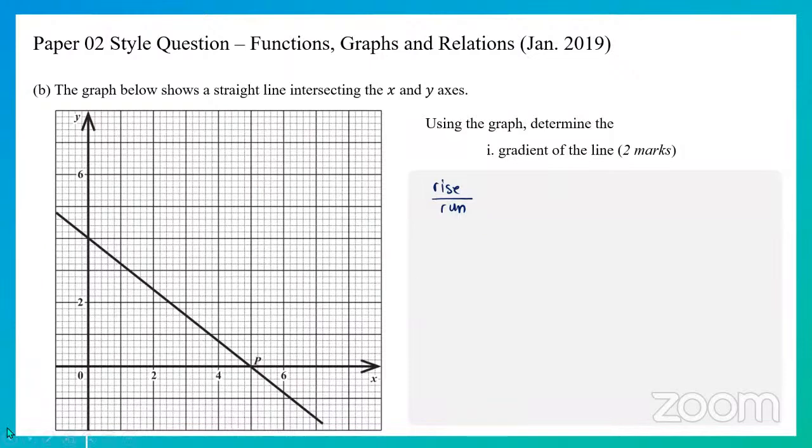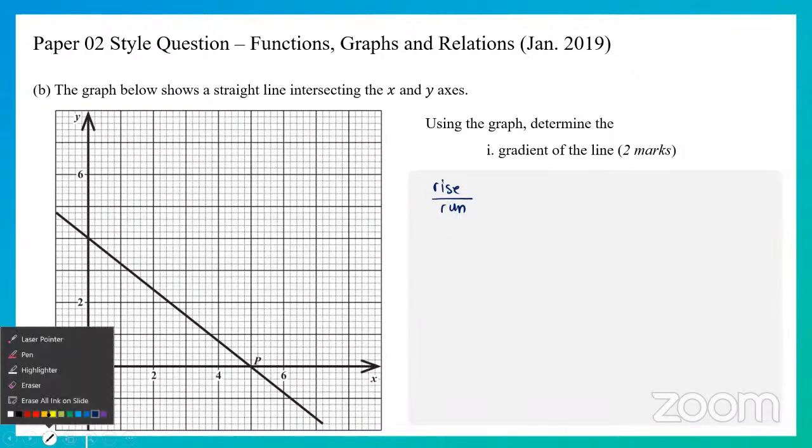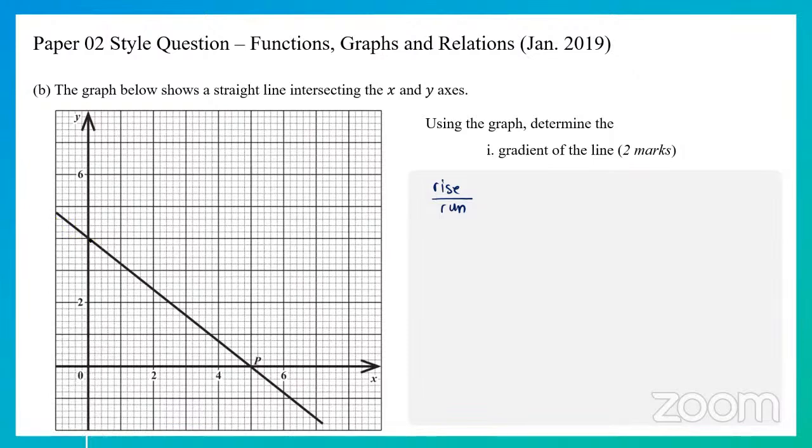So the first step, always, with rise over run, is to construct a right angle triangle. So I'm going to construct my right angle triangle here on the axes themselves, and it is going to meet the line where it actually meets the axes.